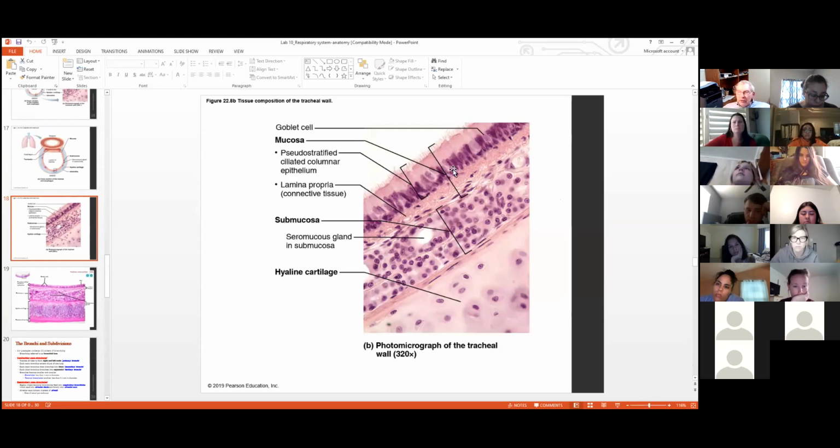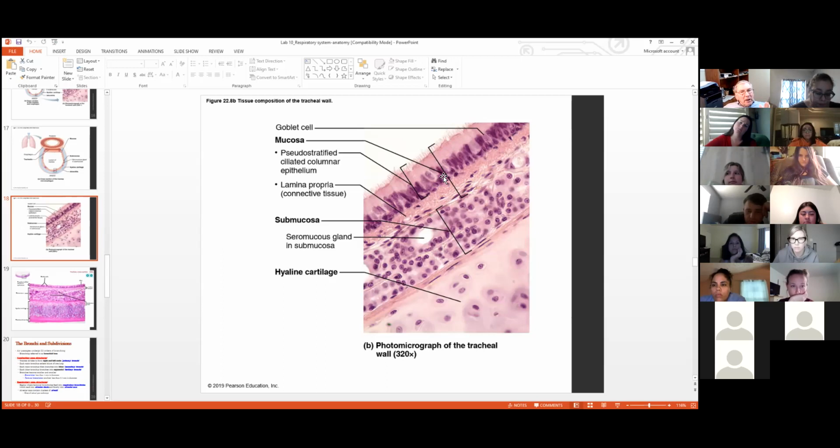So confusing this one with the one in the stomach or in the small intestine is more likely than confusing the stratified squamous with the columnar, because this is basically a columnar tissue. It's just got all of these levels of nuclei in it, and you have to see this one up pretty close to tell the difference that makes it pseudostratified.